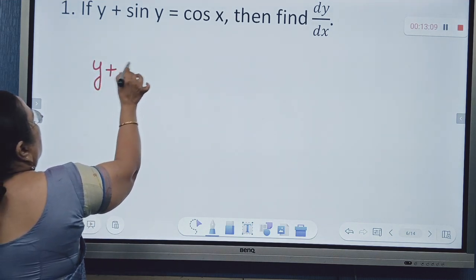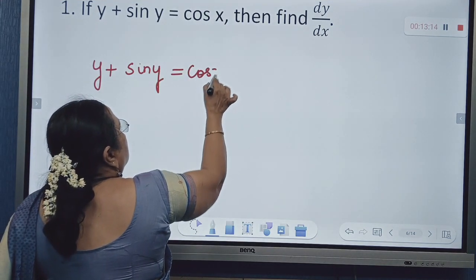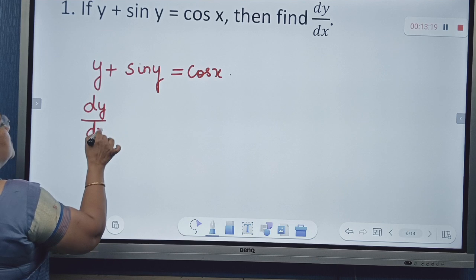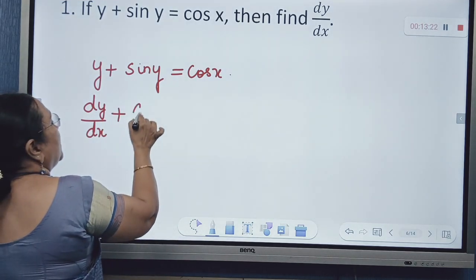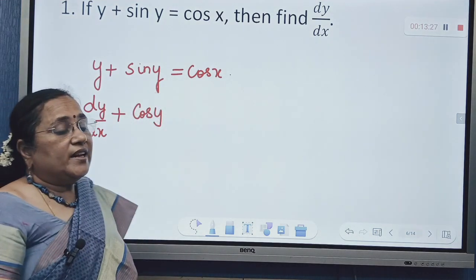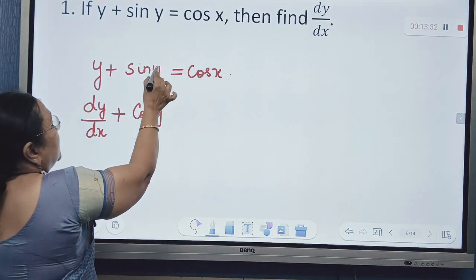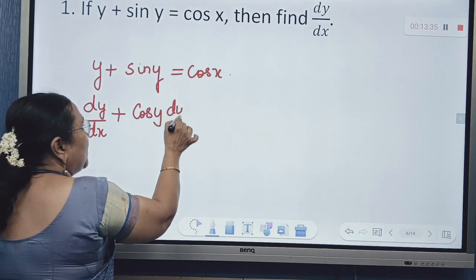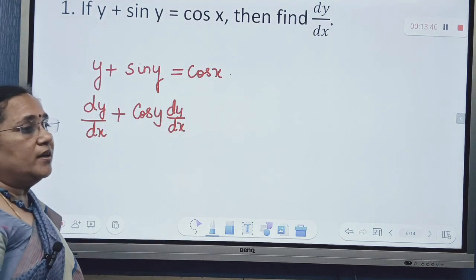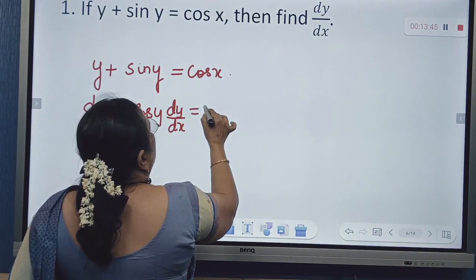So, y plus sin y equal to cos x. What is the derivative of y? Dy by dx. What is the derivative of sin y? Cos y into, see, when you have sin x, the derivative is cos x because the derivative of x is 1. But here it is y. The derivative of y is not 1. So the derivative of sin y is cos y into dy by dx, which is equal to, what is the derivative of cos x?